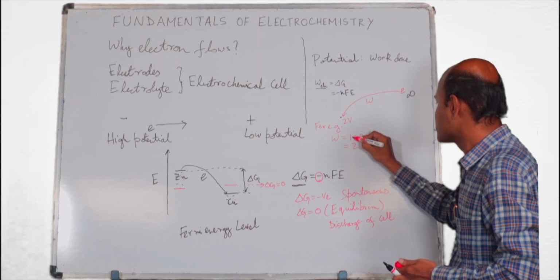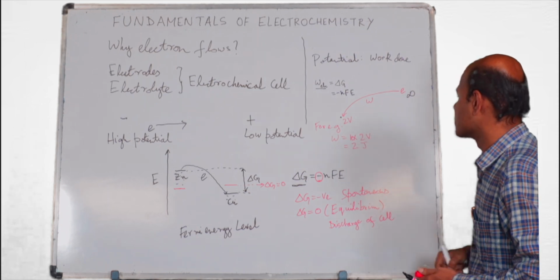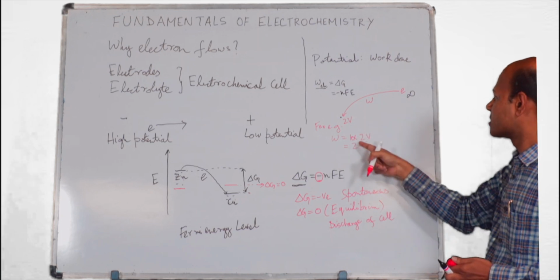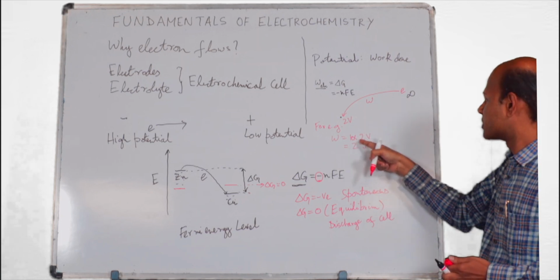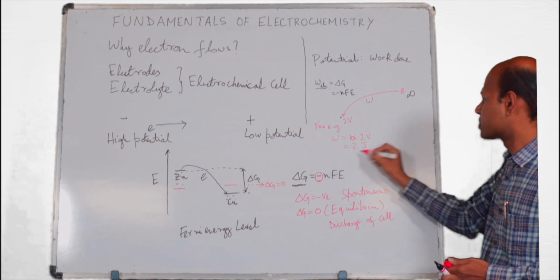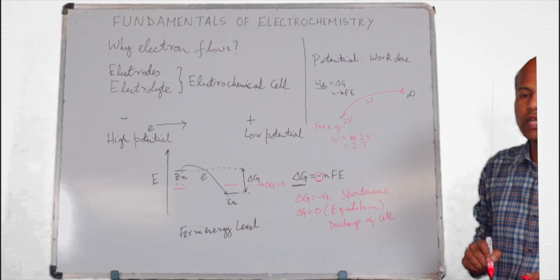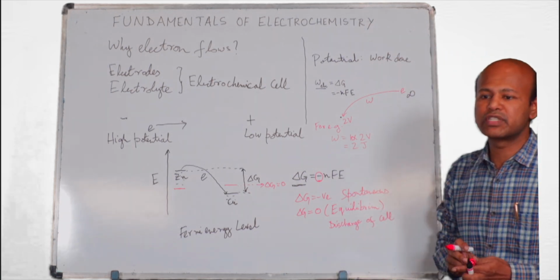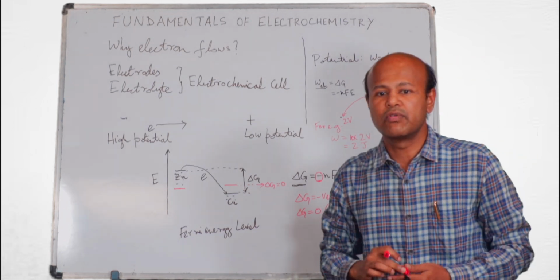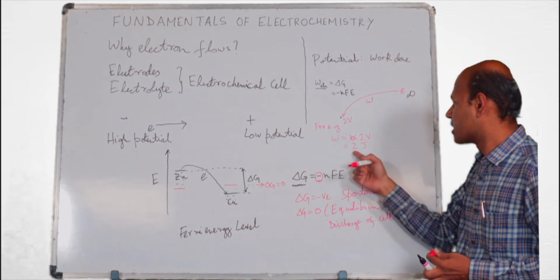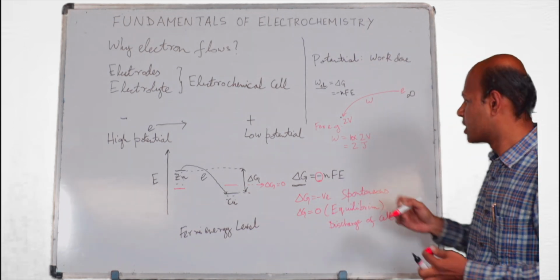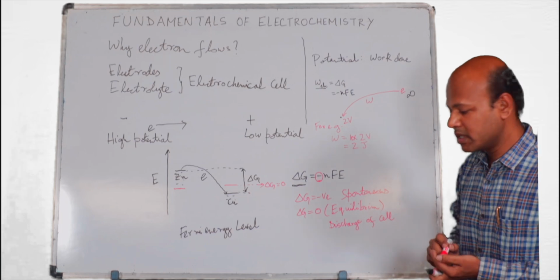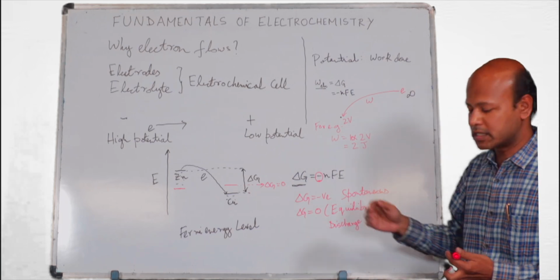So 1 coulomb of charge, a unit charge, at 2 volts means 2 joules of work is done. If we say potential at a point is 2 volts, then to bring a unit charge from infinity to that point, we need 2 joules of work. I hope this is understandable. Then I will move on to the next part.